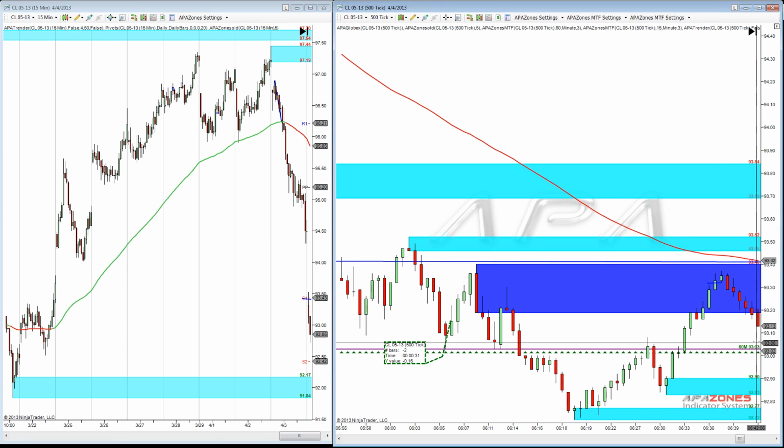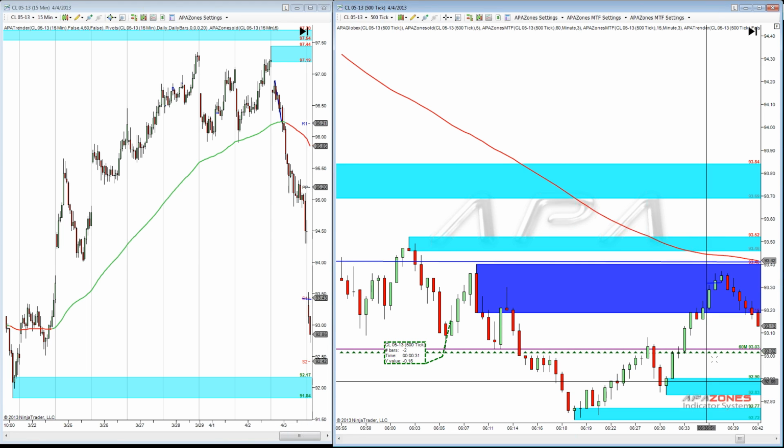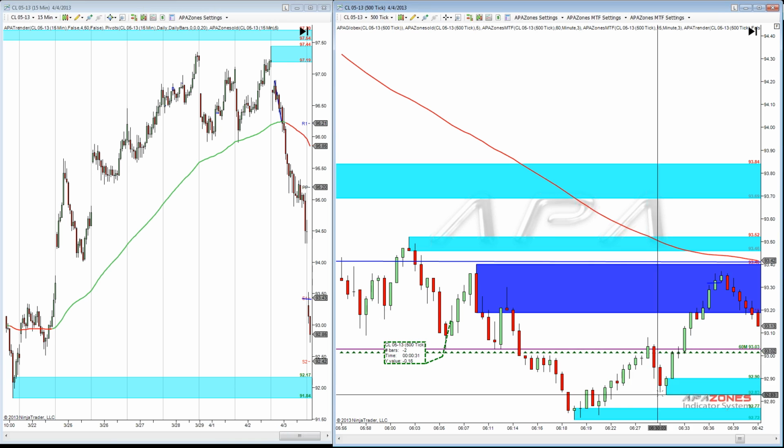And now it can come back down to the Globex level, which will probably act as some support here again. Realizing the big picture, as we're looking at the big picture here, this is purely a big 60-minute zone down here. All right, so this is what it looks like on the smaller time frame.